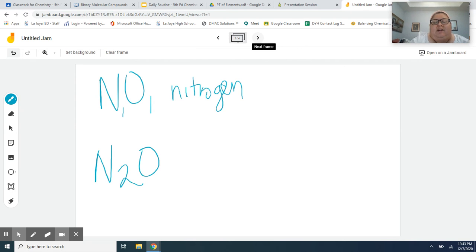Now I can use mono for the second element. So I only have 1, right? So I'm going to put mono. And then oxygen changes to oxide. Now, I still have nitrogen for my first element.